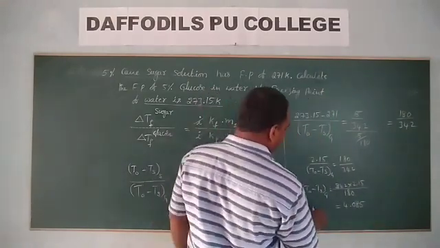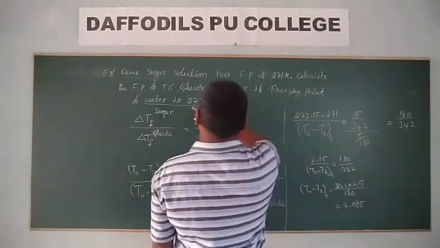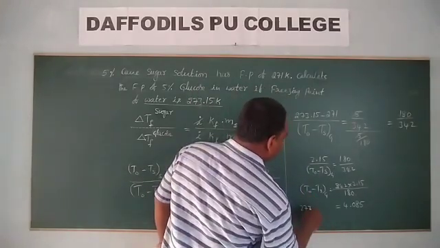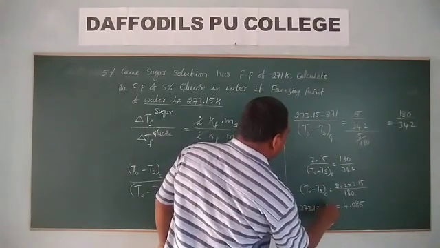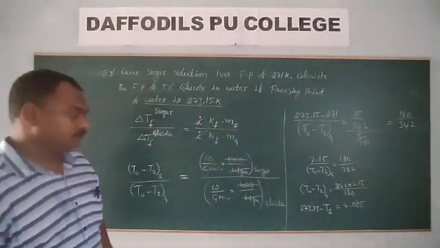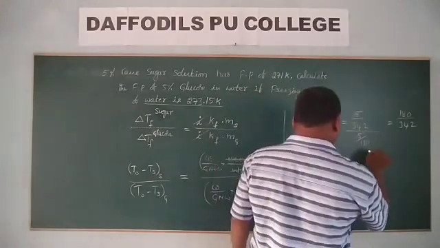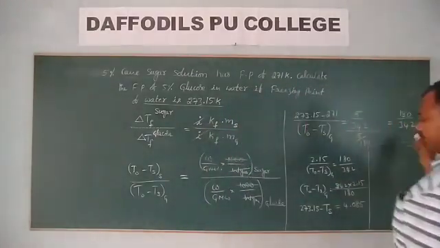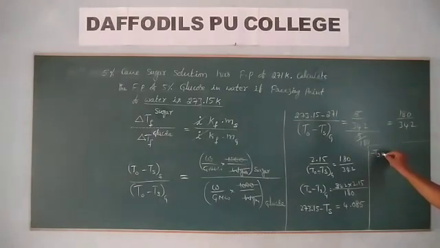It comes like this. We know the T naught value. They say take this one, minus Ts of glucose. T naught minus Ts of glucose is equal to 273.15 minus 4.08.